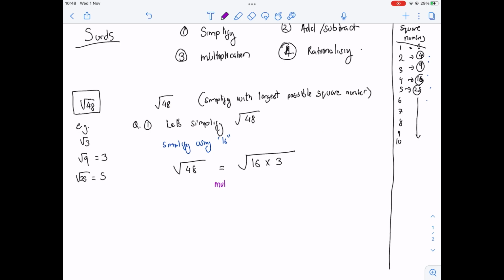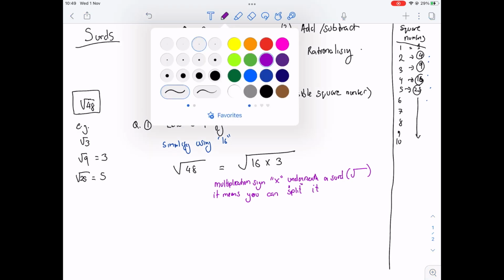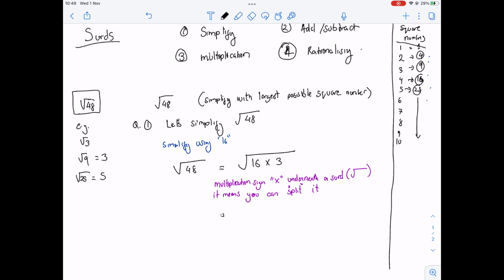If you have a multiplication sign, a times, underneath a surd, remember a surd is a big square root, it means you can actually break it into 2. You can split it. Brilliant. So if we use that rule and split it, we have root 16 times root 3.